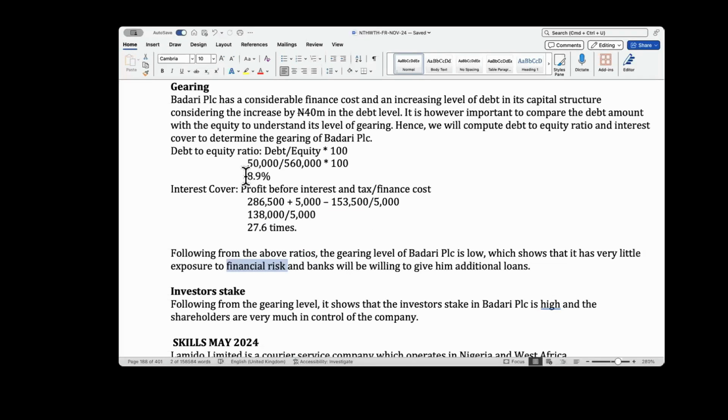A debt to equity ratio of 8.9% is low, it's very small. Even though debt increased by 40 million, it's small when you compare it to equity. And its profit can cover the interest he has to pay 27.6 times. That is huge.